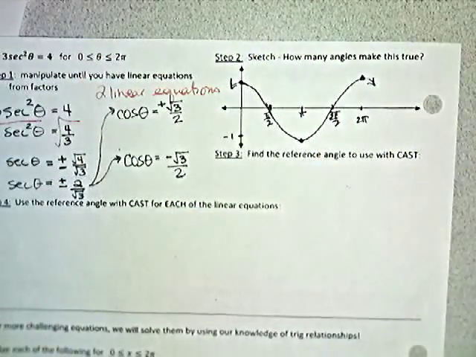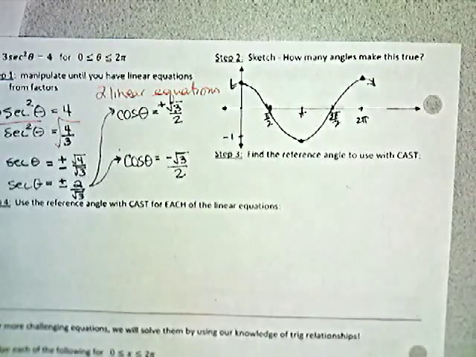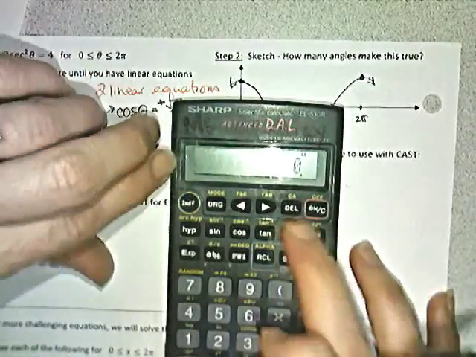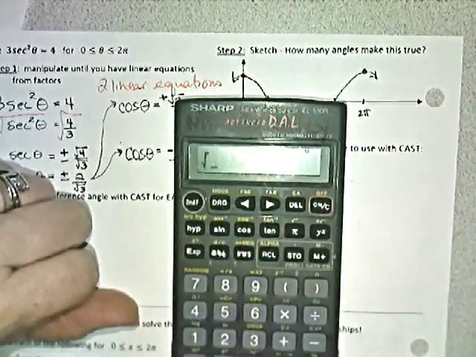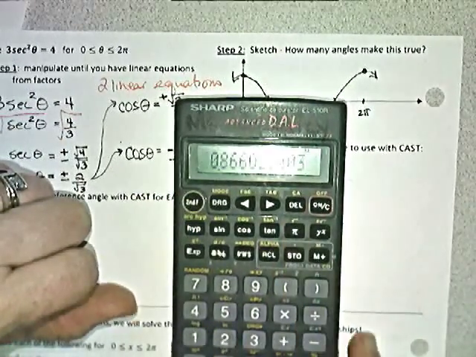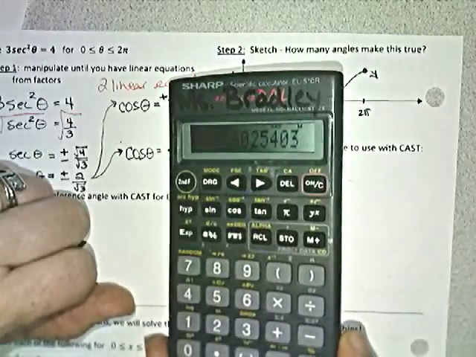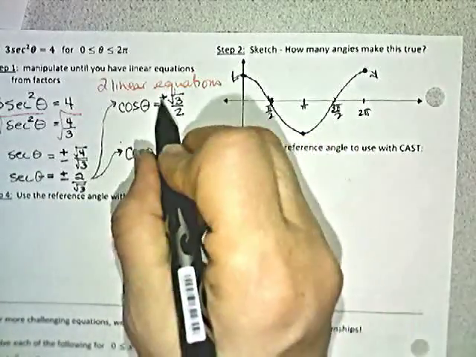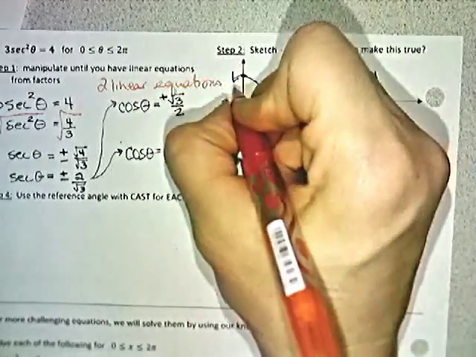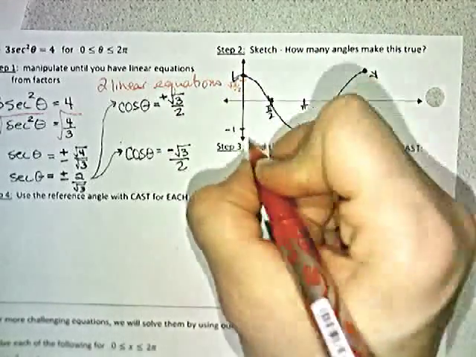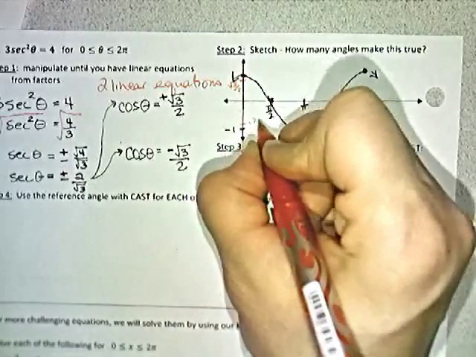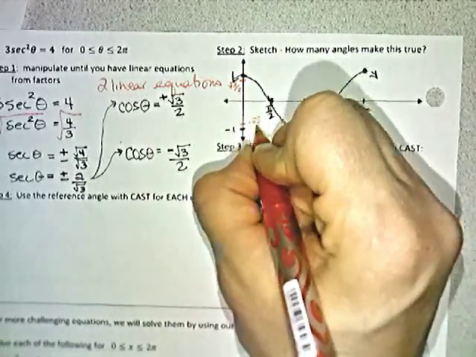And so I am asking root 3 over 2. Now we know that the square root of 3 divided by 2 is our 0.8660-ish. And I want to know the value of that being a positive value. So 0.8660, 0.9-ish. So positive root 3 over 2 and our negative root 3 over 2.